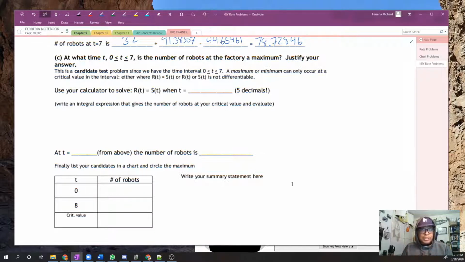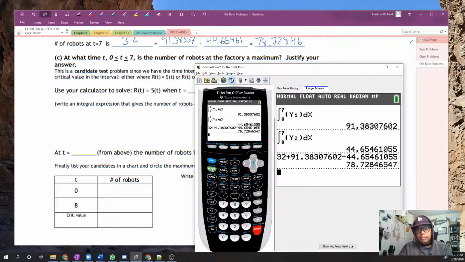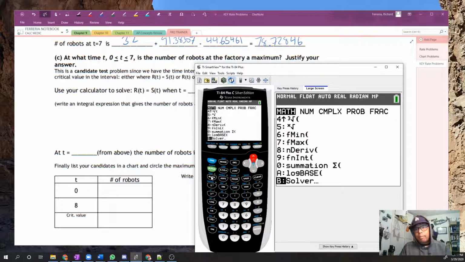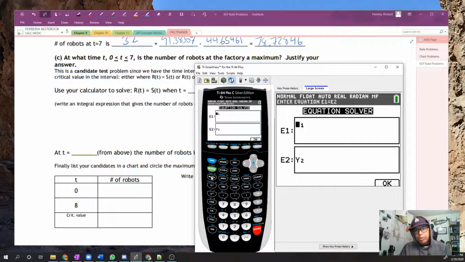First thing is, let's use our calculator to solve when is R(t) equal to S(t), and we're going to use the solver. So let's break out your calculator. From this screen, you would go Math, scroll to the bottom and get to Solver and push Enter. Now I've already put in the relevant equations here. You'll notice at the top of the screen it says E1 equals E2.